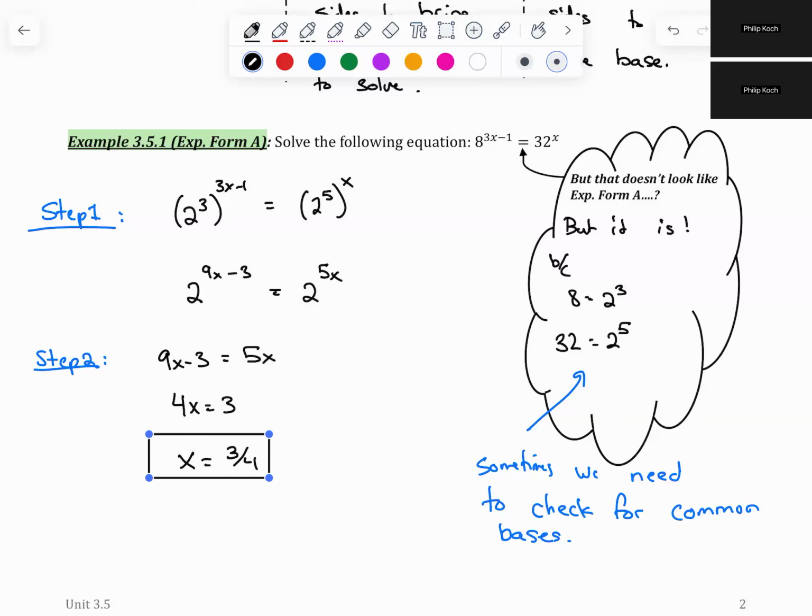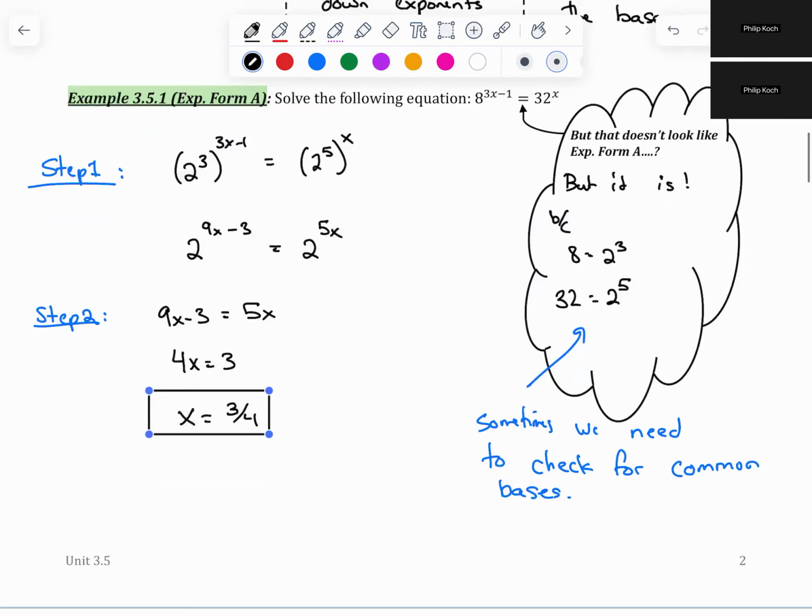And much like per usual with equations, the greatest thing about them is you can always check your answer. If an equation is going to work, when you plug in 3/4, you should get the same number. Sadly, if I do 8 raised to the 3 times 3/4 minus 1 in my calculator, I get a really nasty number.